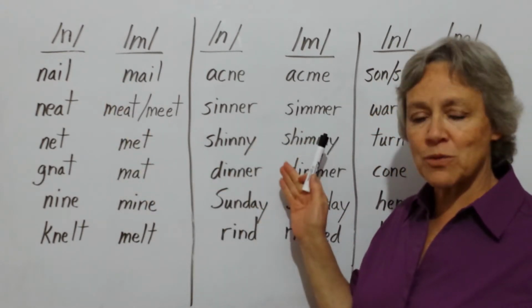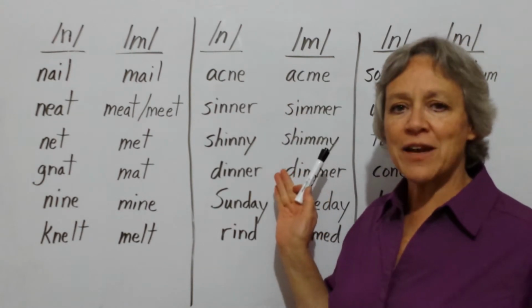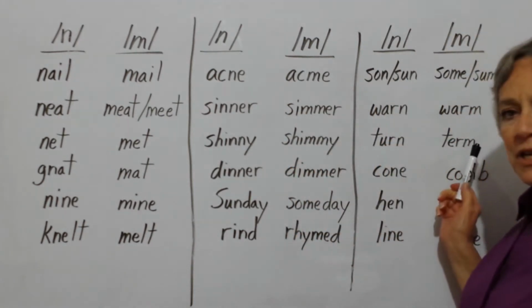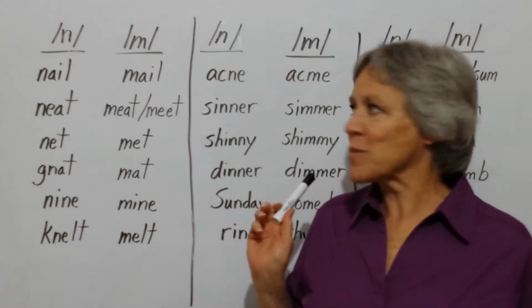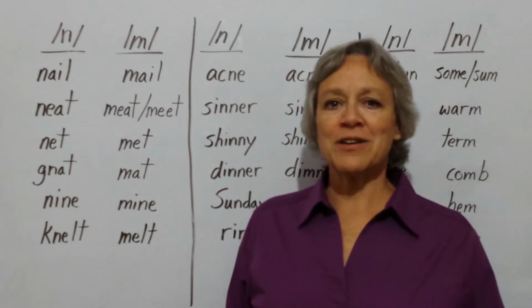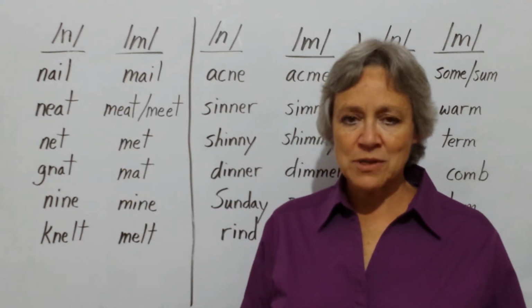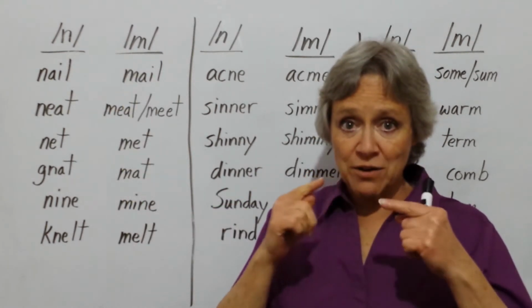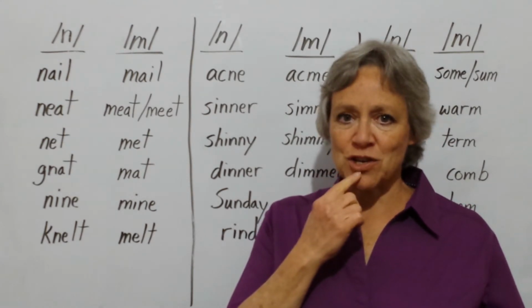Then I have 2 columns of words with either of those 2 sounds in the middle of the word. And then I have 2 columns of words that end in those sounds, okay? And as a reminder, both of these sounds are nasal sounds. It means that they both push air out through the nose. But the difference is in the mouth position.